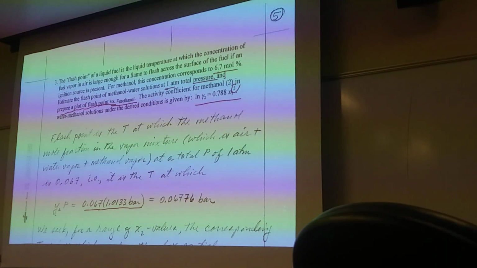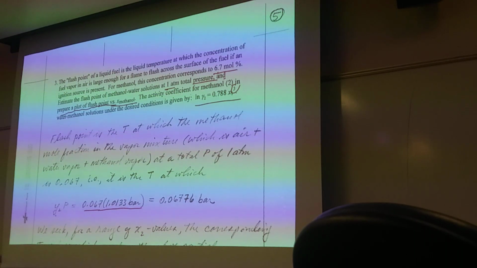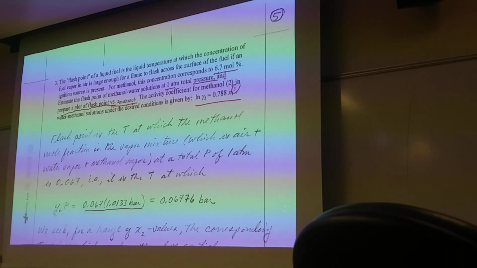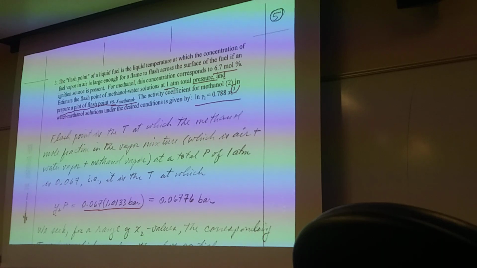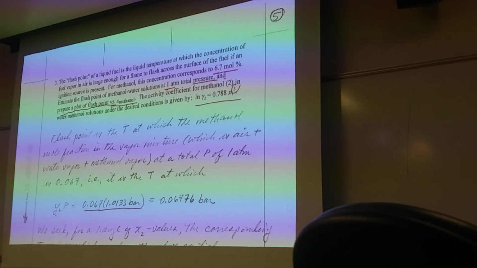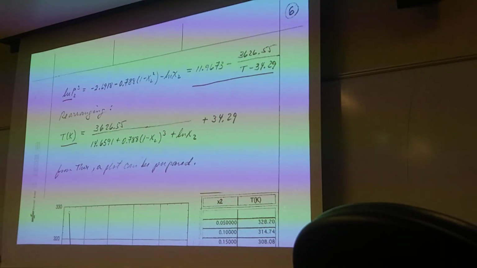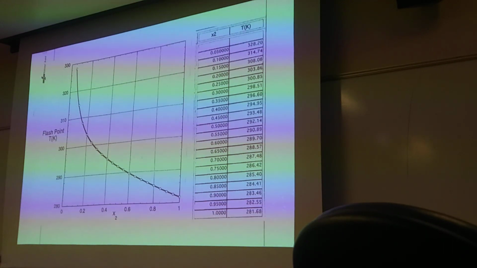It says, fourth line down, estimate the flash point of methanol water solutions at 1 atmosphere. Oh, I thought you wanted us to get a specific flash point and then plot. I didn't do that. I just said to plot it. Okay. So any specific value you want, you can pull off this plot.